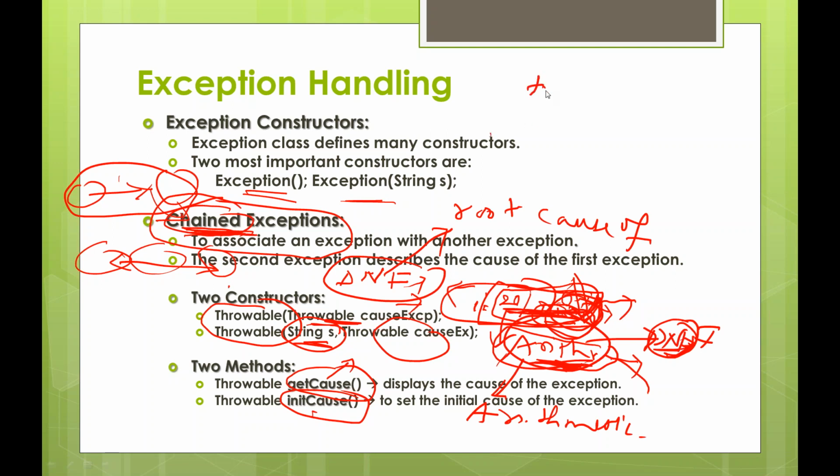So you have a try catch block. Here you have mentioned arithmetic exception, and you are catching arithmetic exception here, and then attach that exception. Say for example, let me write it in a better way.